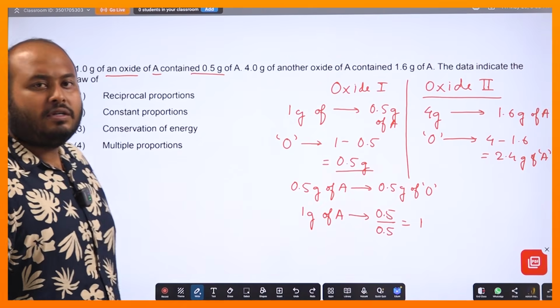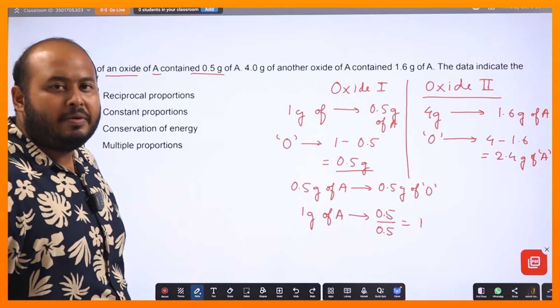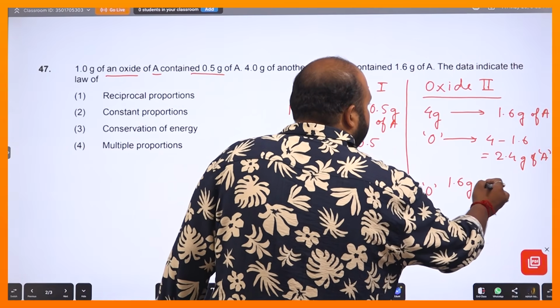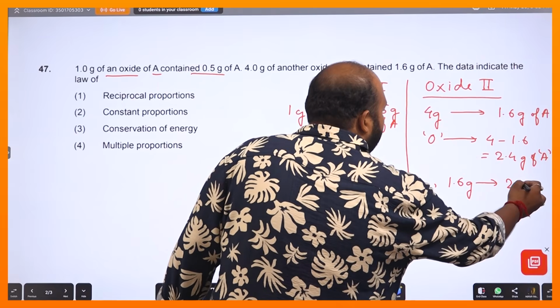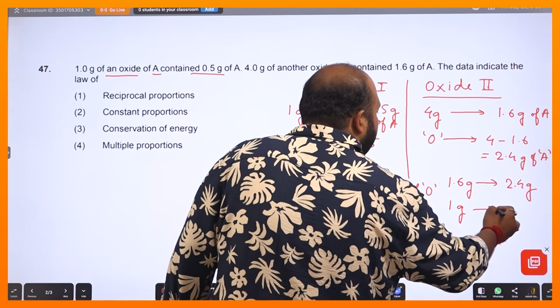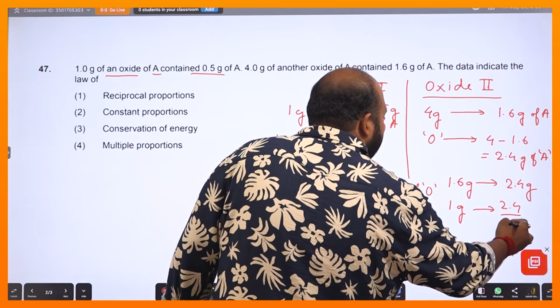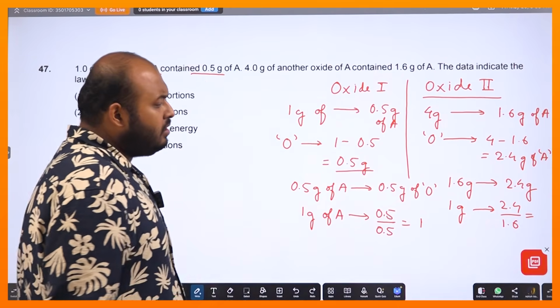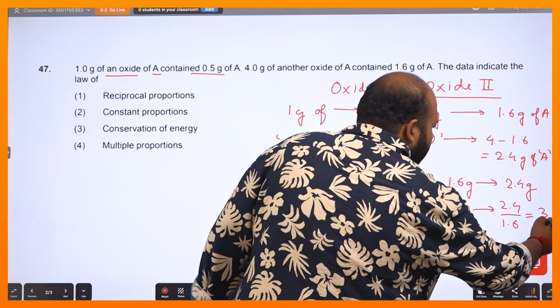Now we have to just check for 1 gram of A how much is the oxygen. So for 1.6 gram it is 2.4 gram. Then for 1 gram it will be 2.4 by 1.6, about 3 by 2.